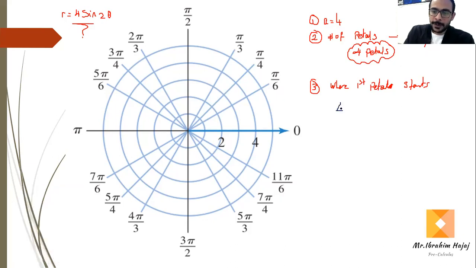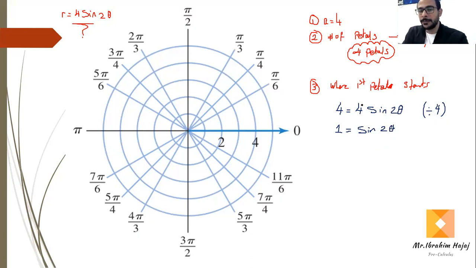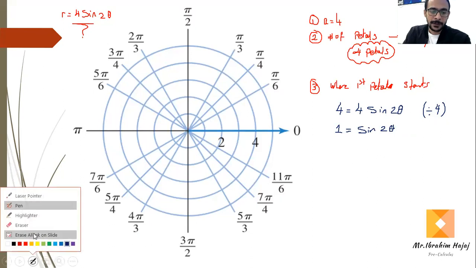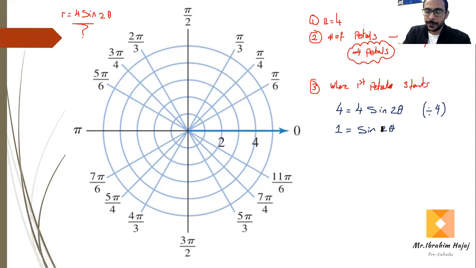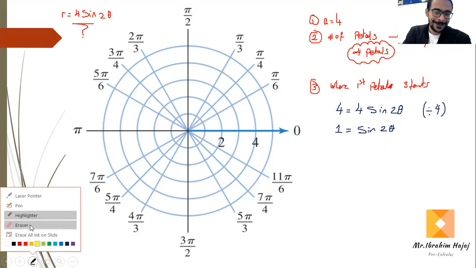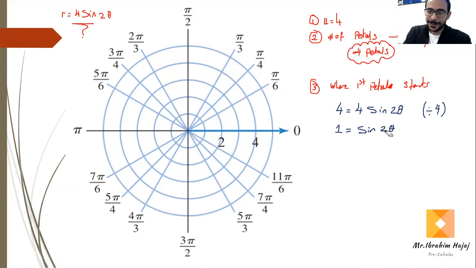Dividing by 4, we have 1 equals sine 2 theta. Okay, guys, wake up, please, and participate. Imagine that we hide the 2 theta, and take sine inverse of 1. If I put the eraser here, I can hide the 2 theta and ask: sine of what angle gives 1?